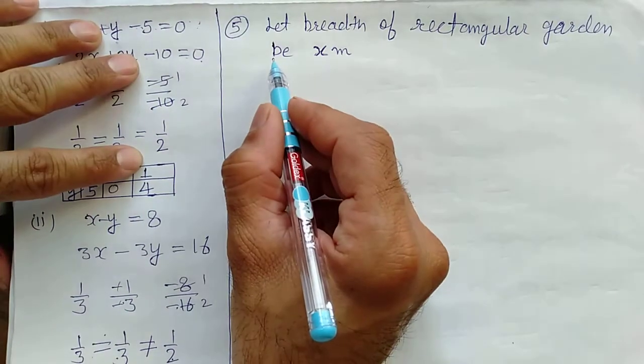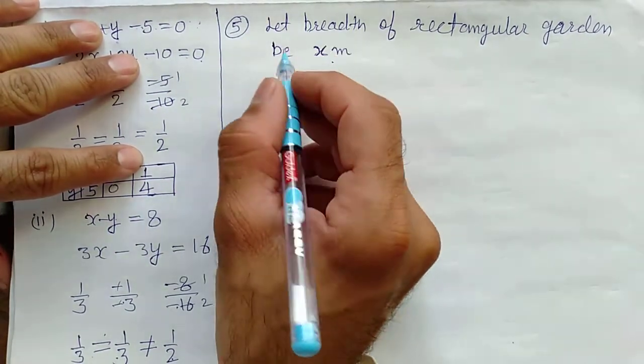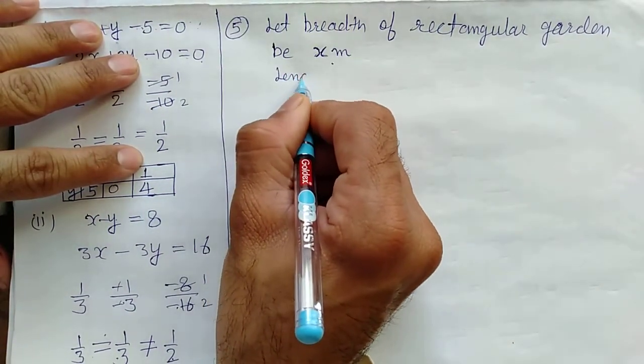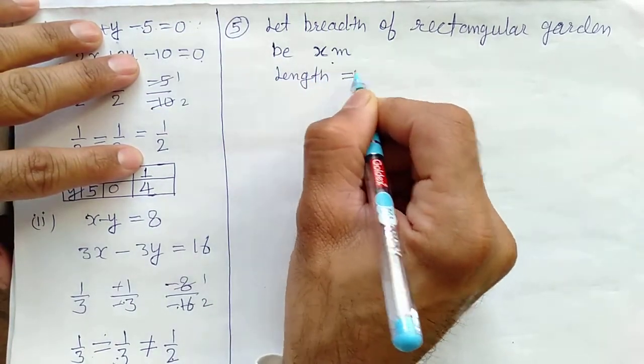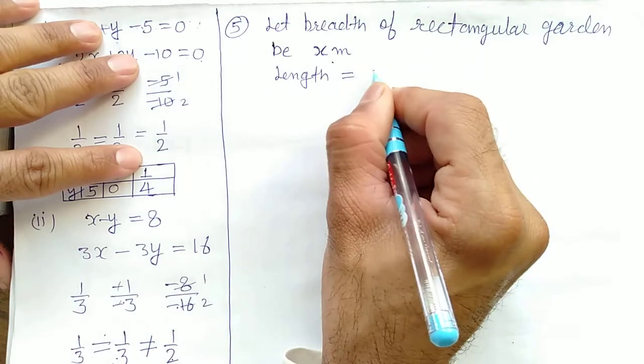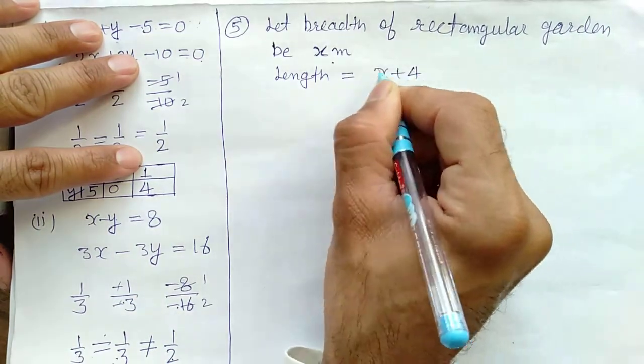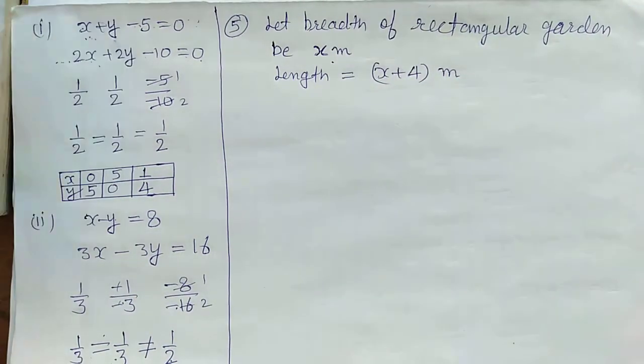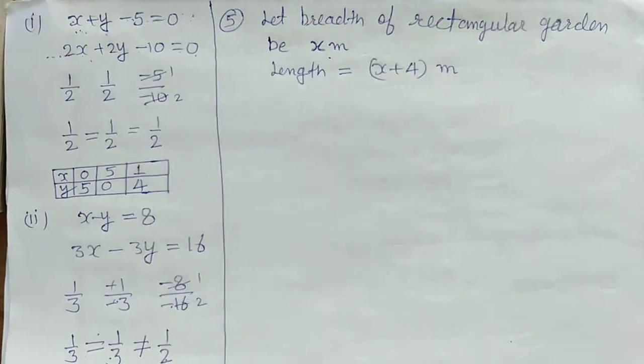If breadth is x, according to the question, length is 4 meter more than its breadth, means length will be x plus 4 meter, right?